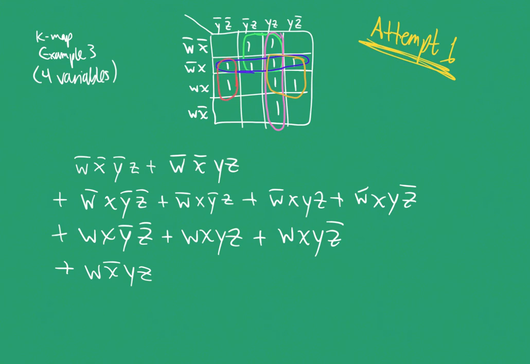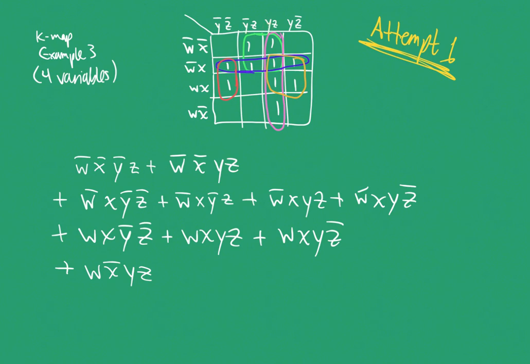All right, let's see what we got. In the green 2 by 2, we have both possible ways of getting x, and both possible ways of getting y.